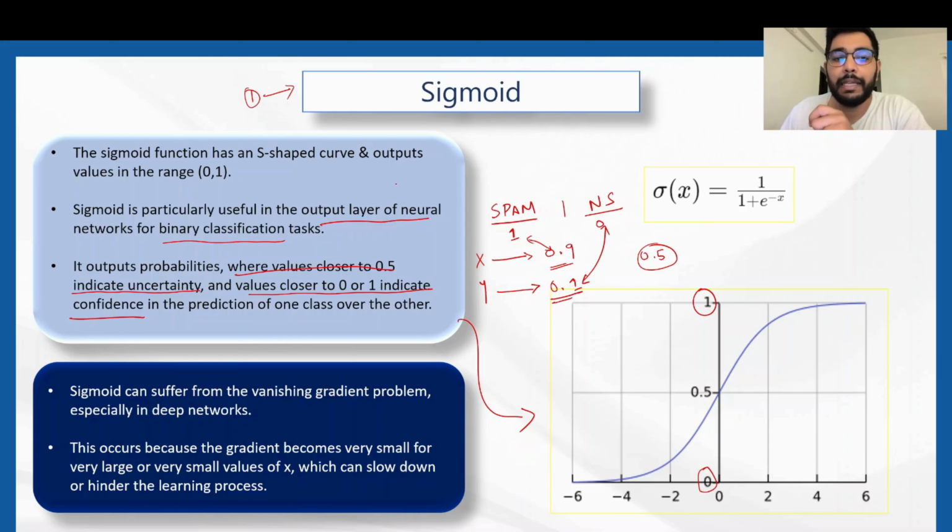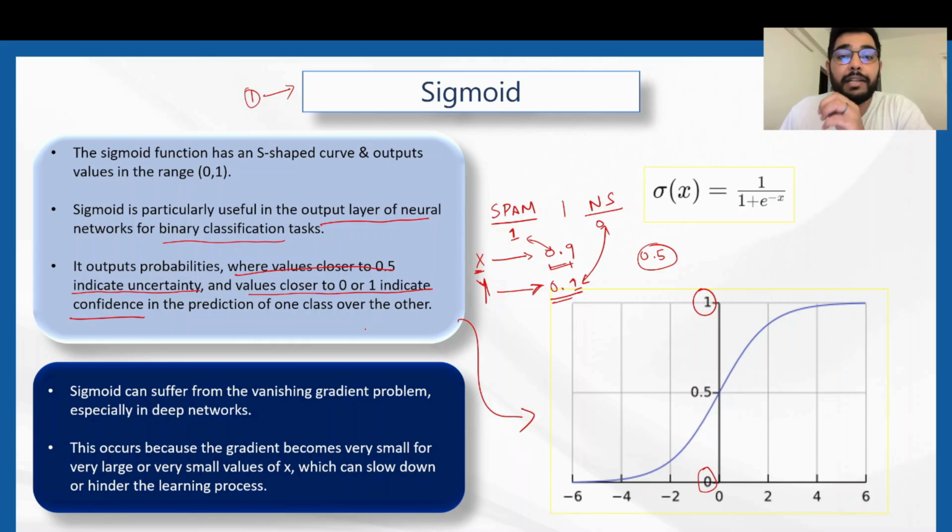But if the probability is closer to 0 or 1, it indicates confidence, because in the first example, email X had a probability of 0.9, saying that it's more probable to be a spam email since it's closer to 1. And for email Y, since the probability is very low, closer to 0, it's highly probable that it's a non-spam email.